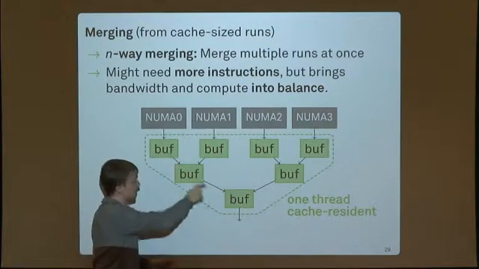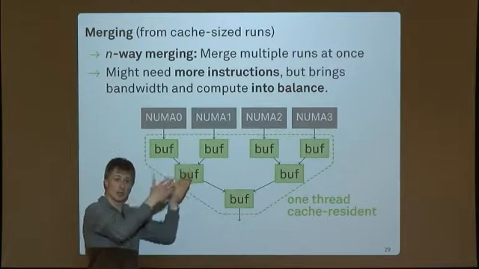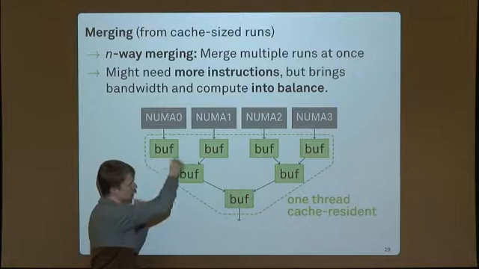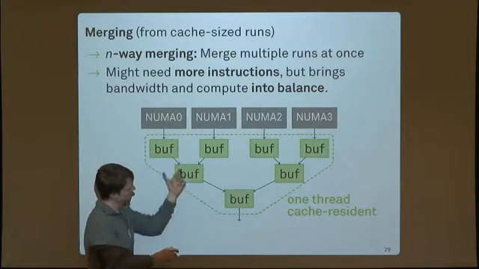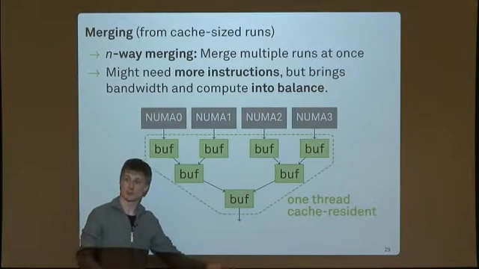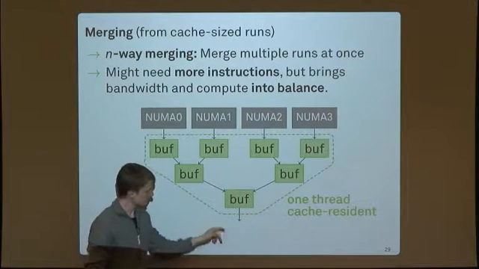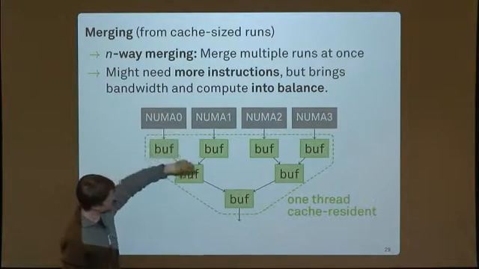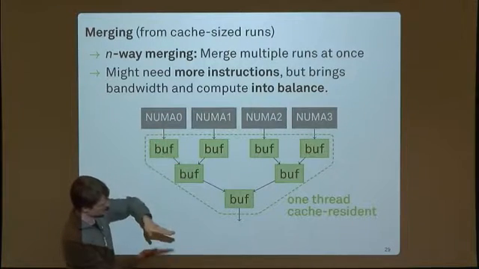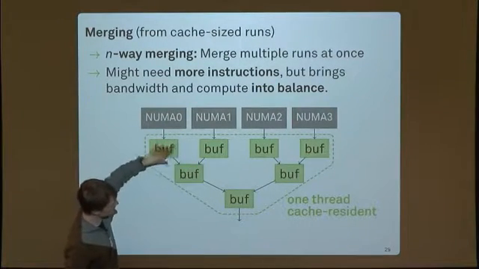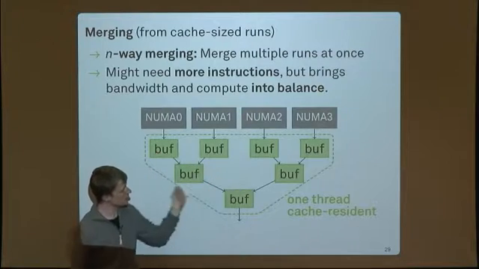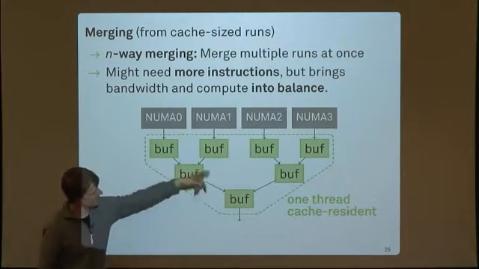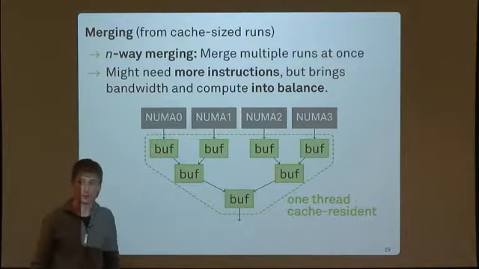It's like FIFOs in between, little buffers, and this thread walks over this merging tree and tries to produce output. The idea is to keep all these intermediate merging results, like streams, within your last level cache, and have that thread again walk over all these merges.